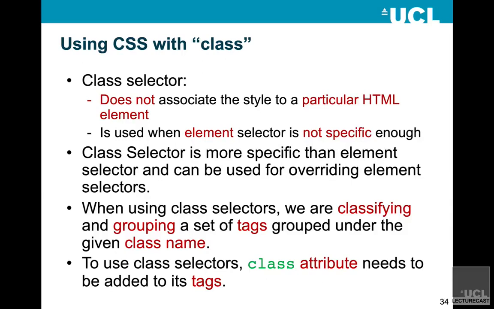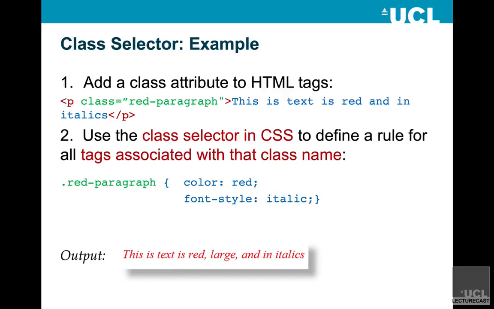In order to use class selectors, you'll have to provide the declarations within the CSS, but within HTML, you'll have to specify which tag belongs to a particular class. So let's have a look at an example here. Let's assume that we have a class that we called red paragraph, and we would like to apply this class red paragraph to a particular paragraph that we have displayed on the slide.